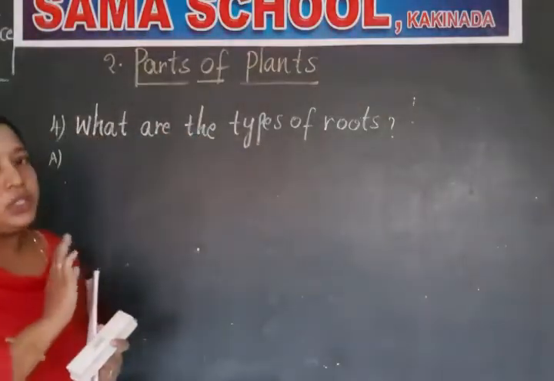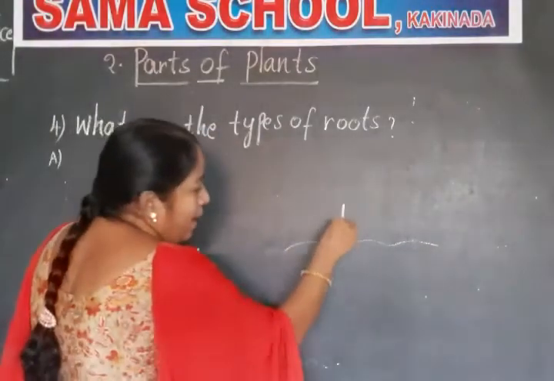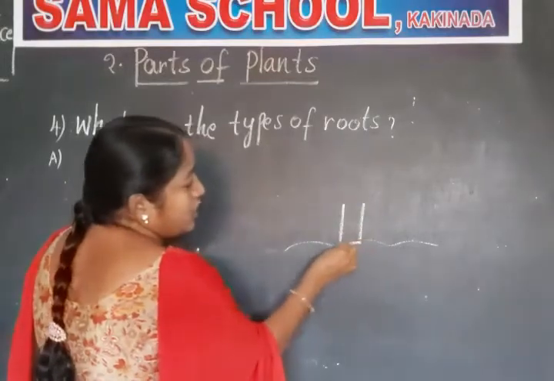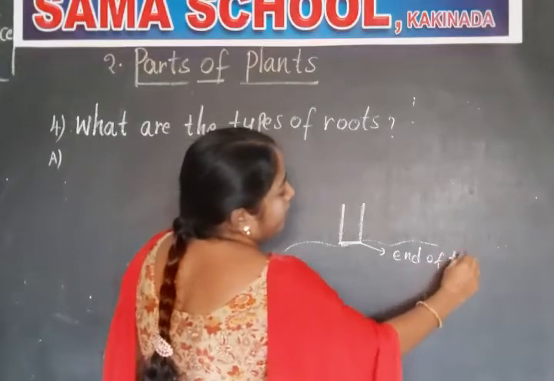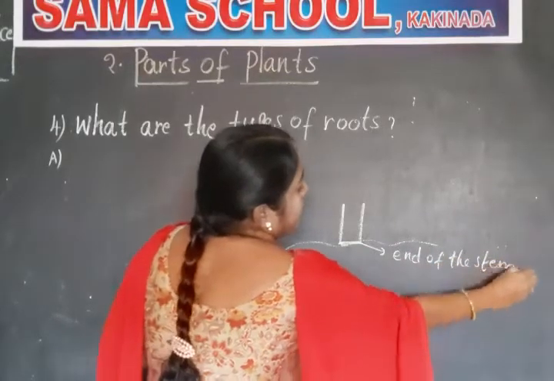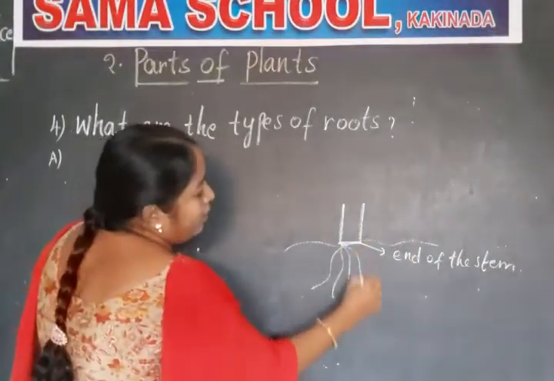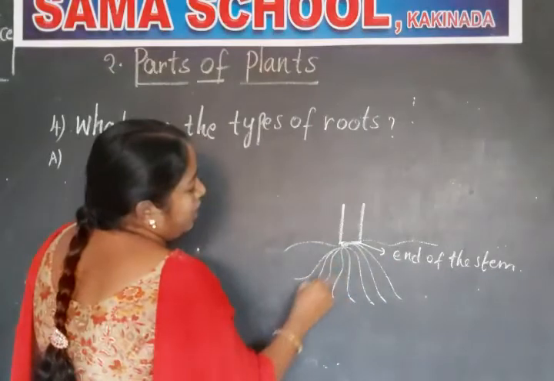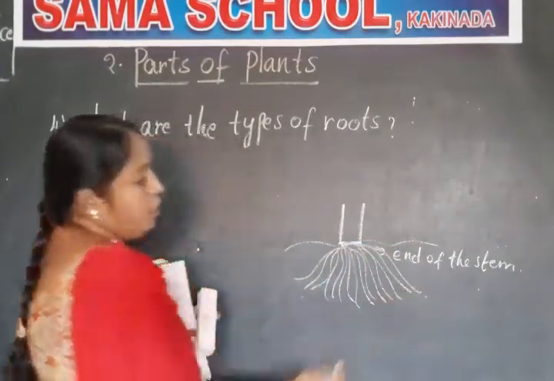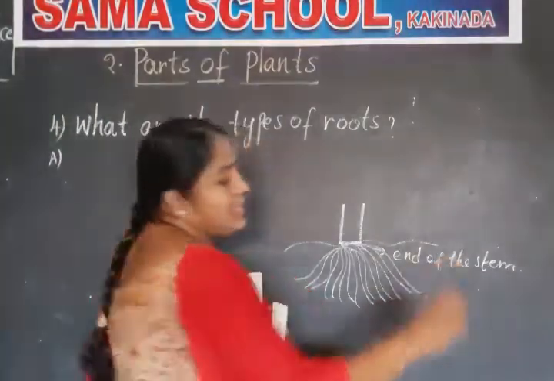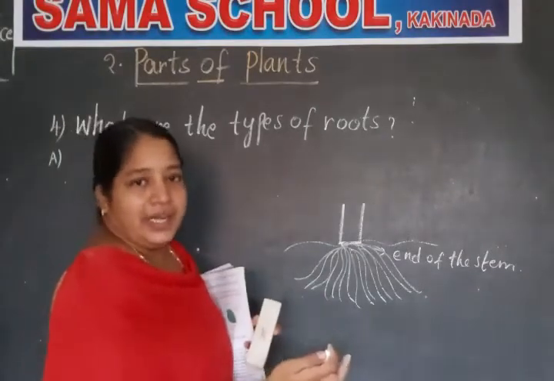In the fibrous root, there is no main root, but at the end of the stem, from the end of the stem, a large number of roots appear or come out. They are more in number. They are bushy or thick in appearance, right, children?